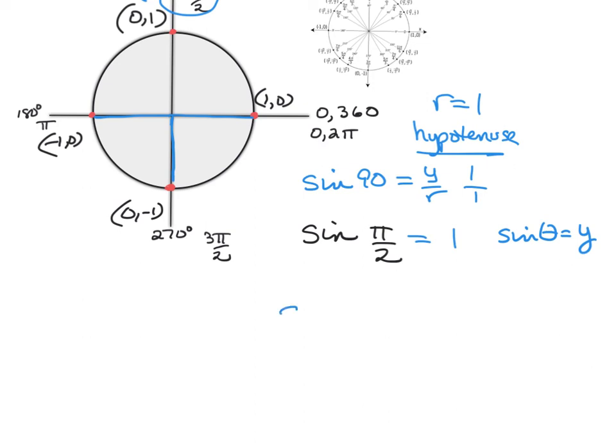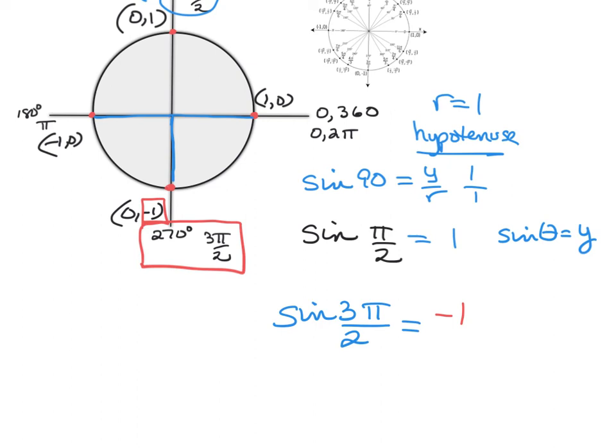Let's say they said to find sine of 3 pi over 2. Again, we're going to come over here, find 3 pi over 2 on my unit circle. Sine looks at y. I'm going to look at the y of the ordered pair, and my answer is negative 1.